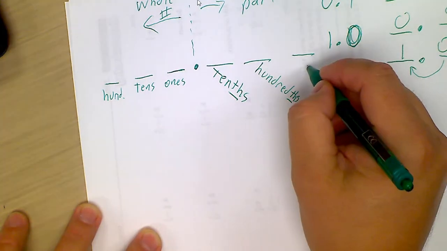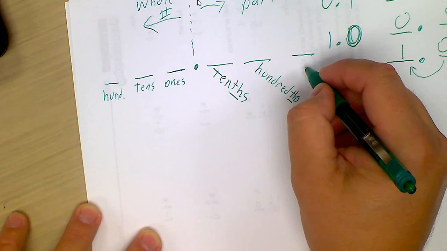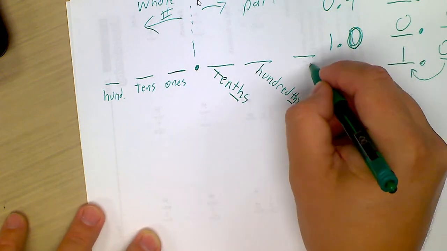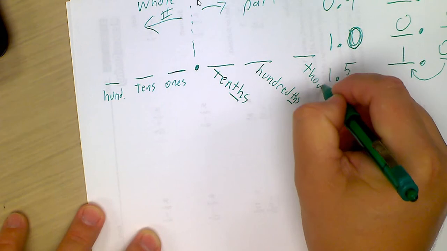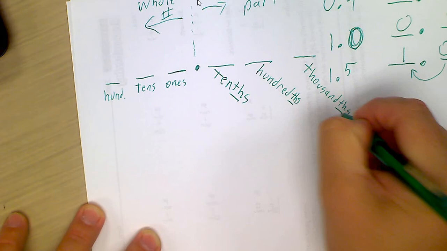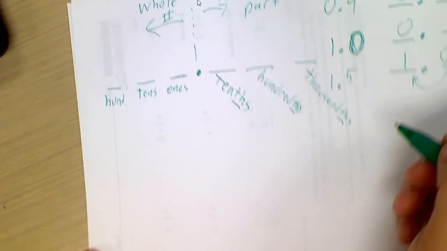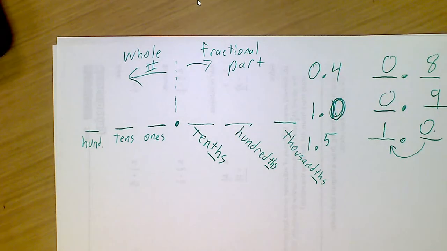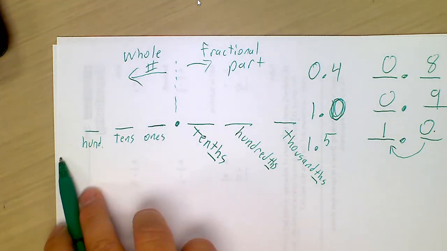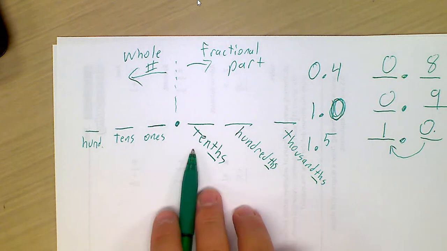Once? There's no such thing as the once place. There is no once place. So the next one would be thousandths, with a TH. Everything to the right of the decimal has a TH on it. If I go to the left, it's tens, hundreds, thousands. If I go to the right of the decimal, it's tenths, hundredths, thousandths.